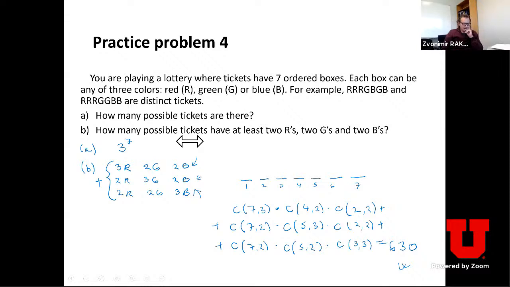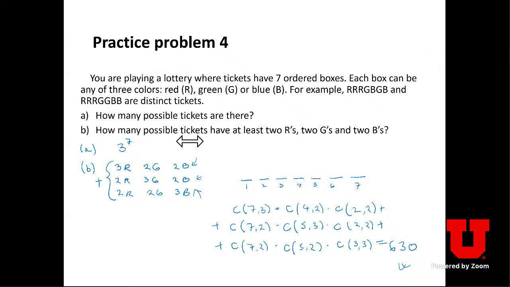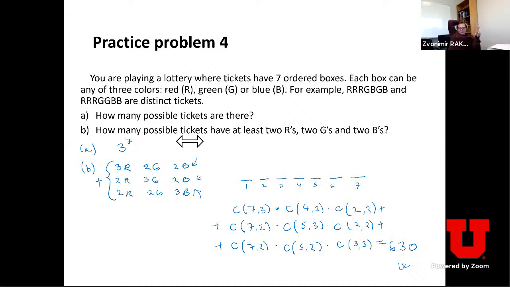I have to think about this. So there's another question. You placed 2 reds, 2 greens, and 2 blue, and you chose their spots. But you still had to fill up the 7th spot. And so you have to choose which of these 3 you are going to put in this leftover spot.